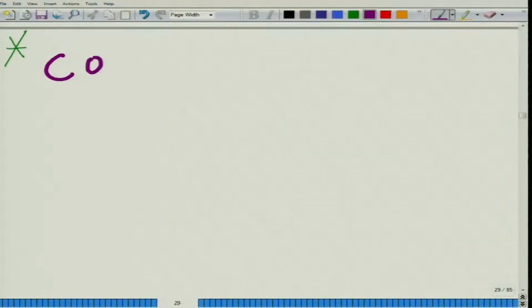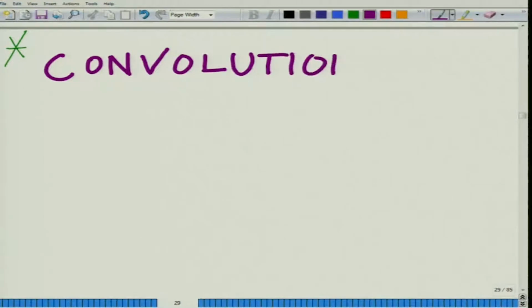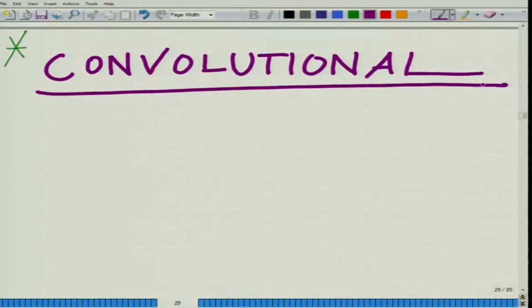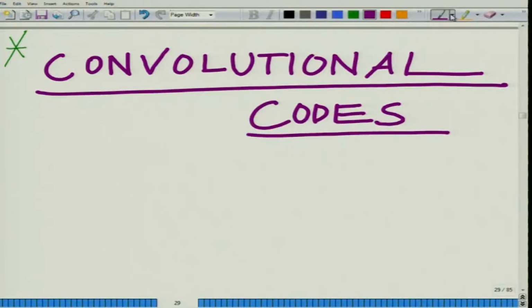So we are looking at channel coding, and in this module we start looking at a different class of channel codes termed as convolutional codes. Convolutional codes are basically a class of channel codes.